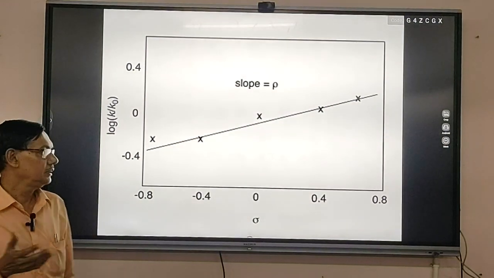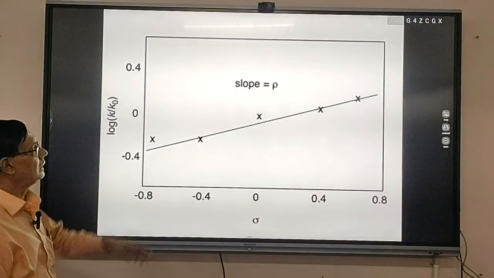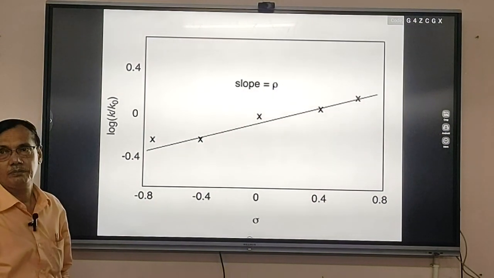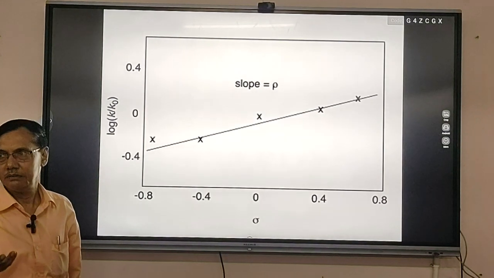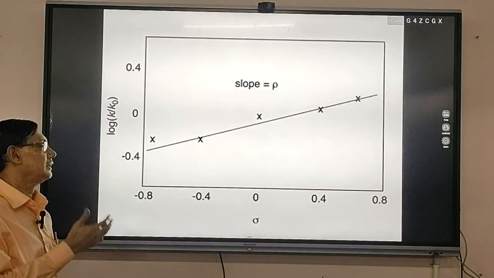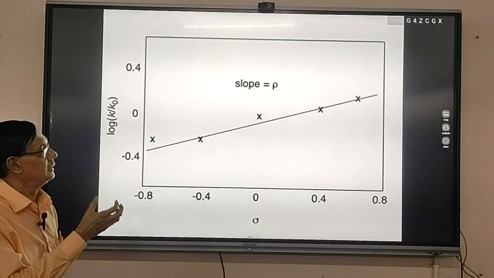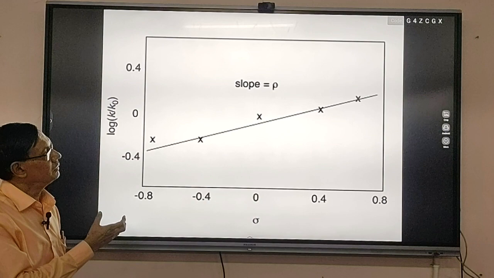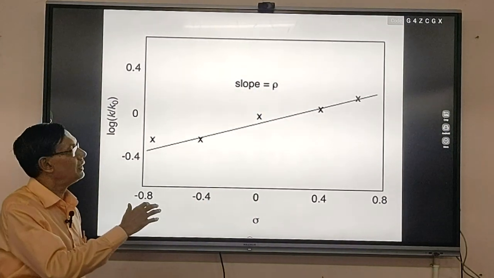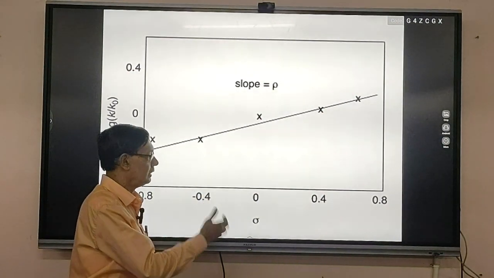I'll come to that point, why it is plus and why it is minus. Similarly, the value of the reaction constant may be plus as well as minus. It depends. If it is plus or greater than 1, we assume that yes, there is a significant effect of substituents. If it is a negative value, that means the effects are not very significant.